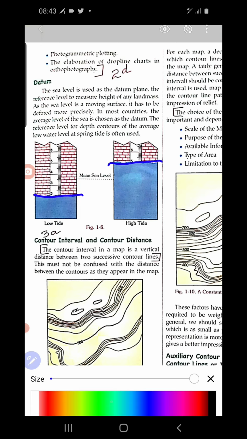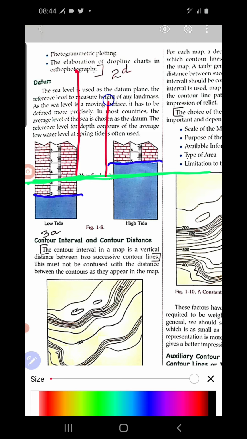So we cannot keep changing the contour accordingly. So they adopt a mean sea level, a middle, a medium. So this is fixed always. Whenever we measure the height of any place, they measure it from the mean sea level.